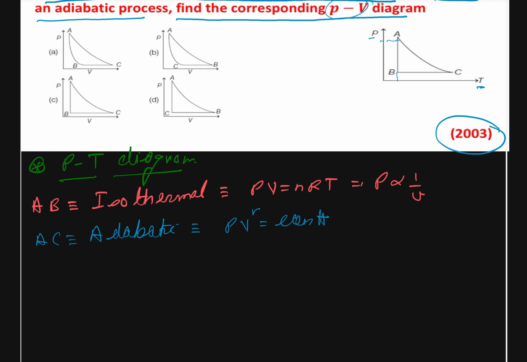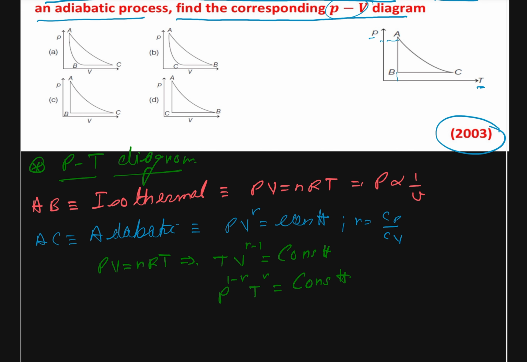For gamma we know that it is Cp upon Cv, and if we use our ideal gas equation PV is equal to nRT, from here we can also write that TV to the power gamma minus 1 is equal to constant, or we can also write it as P to the power 1 minus gamma times T raised to power gamma is equal to constant.